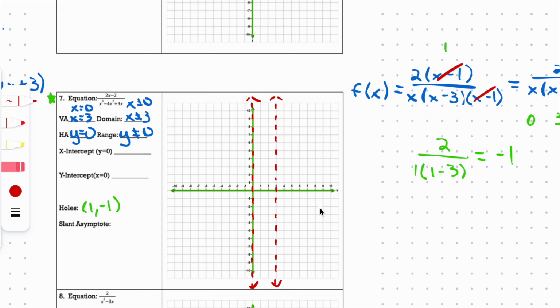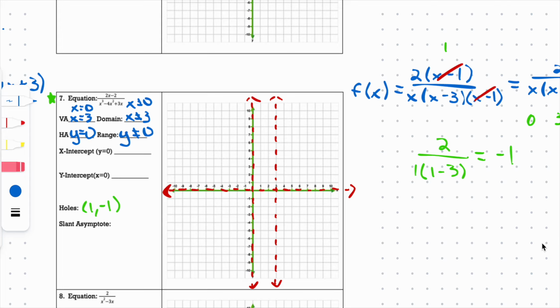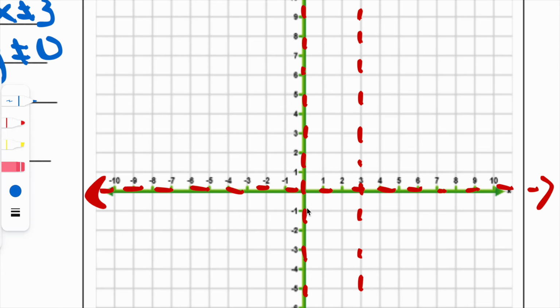Okay, and then we have a horizontal asymptote at y equals 0, so something like this. And then we don't have any points except for this hole. I'm going to still put that down. So we have a hole at (1, negative 1), which is right here.